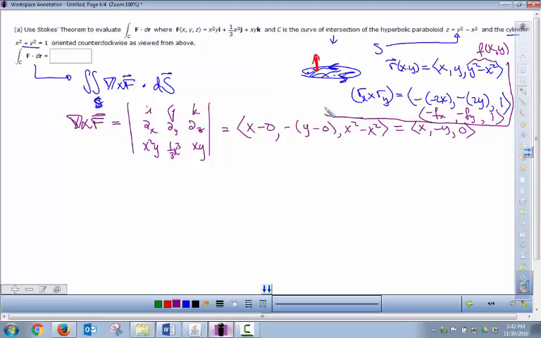Is this the right orientation? And how can you tell if it's the right orientation? Any ideas?